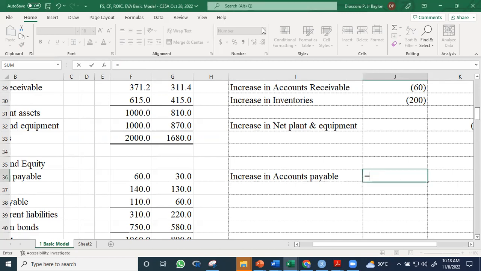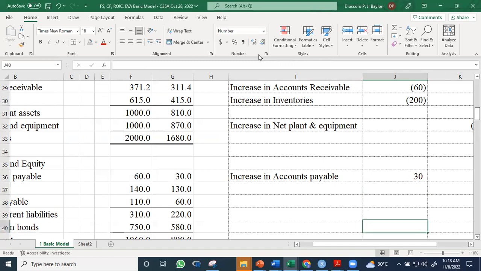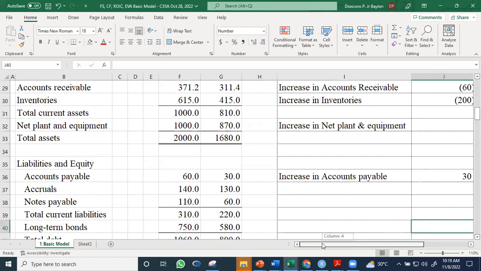So should it be positive or negative? Okay, negative. All right, are we clear, guys?